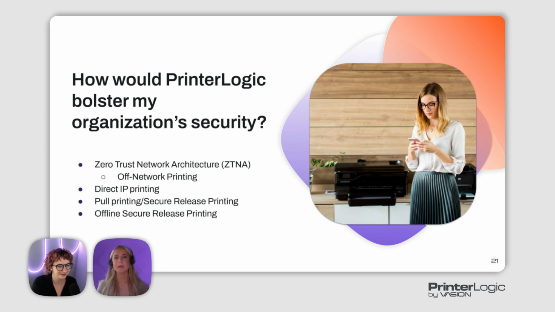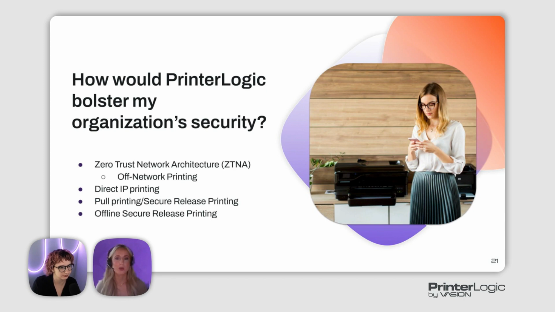Not only can we utilize a direct IP environment, we can also implement a total zero trust environment. But if you're still worried about security, we can still implement pull secure release printing. Now, this is super, super secure because your end users will not actually be able to release that print job unless they use one of the 4 different methods that we talked about before, actually at the physical printer itself.